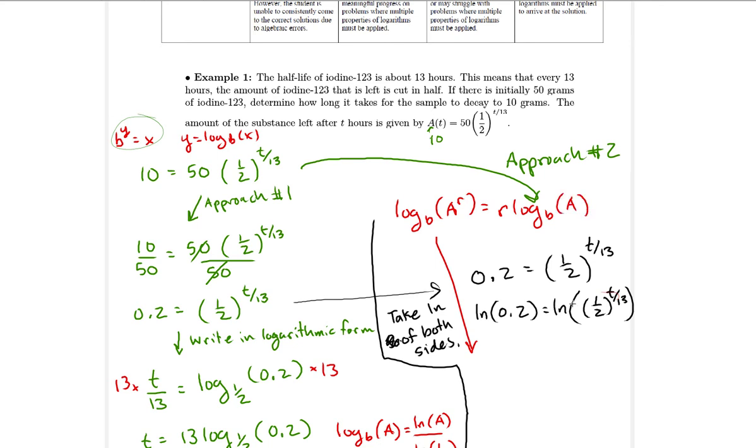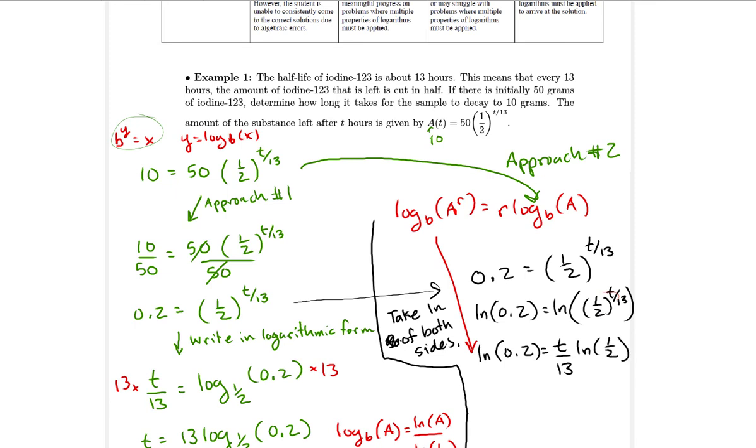And so I can bring t over 13 down in front, and that will allow me to get the t out of that exponent. So my next step looks like this. Natural log 0.2 equals t over 13 times natural log 1/2.